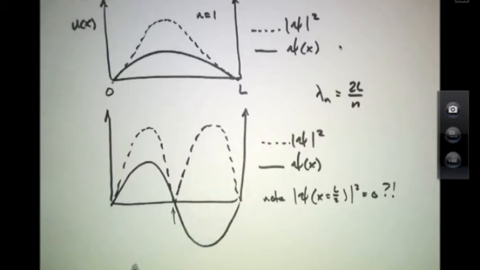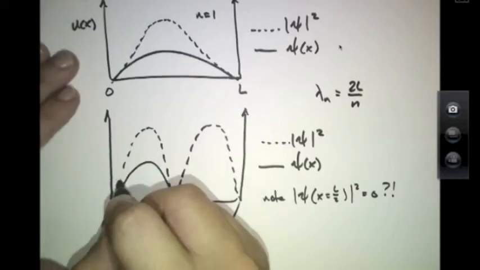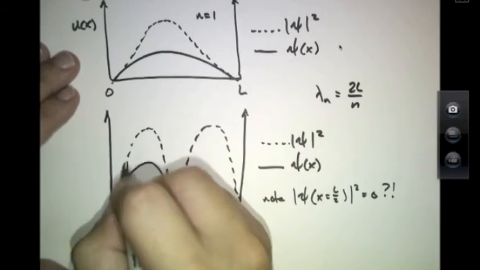It doesn't allow me to predict where I'm going to see this particle, but if I did see the particle, I could rationalize to you after the fact why you found it where you did. Or if you repeat that experiment 10,000 times and told me the results of where you found the particle in each of those experiments, what I suspect you would find is that you would build up a little histogram.